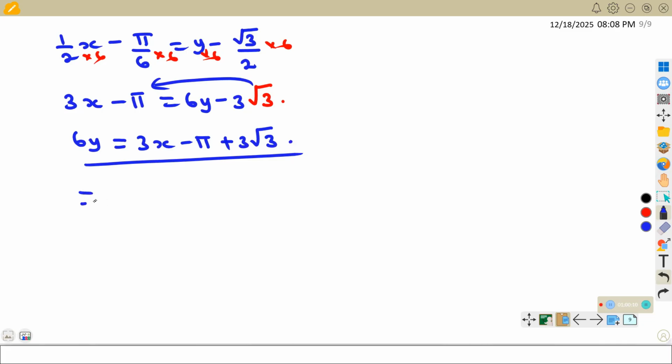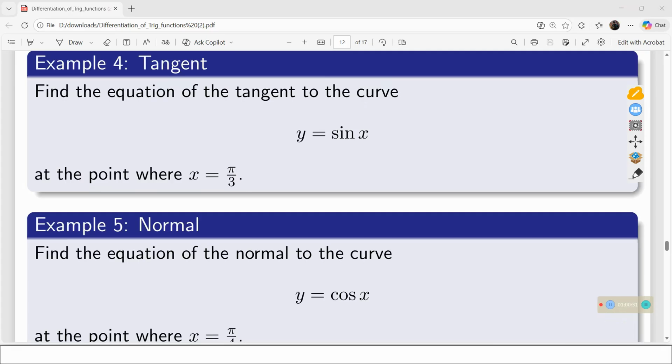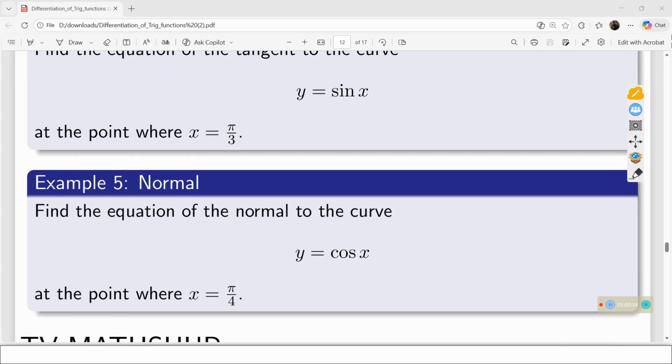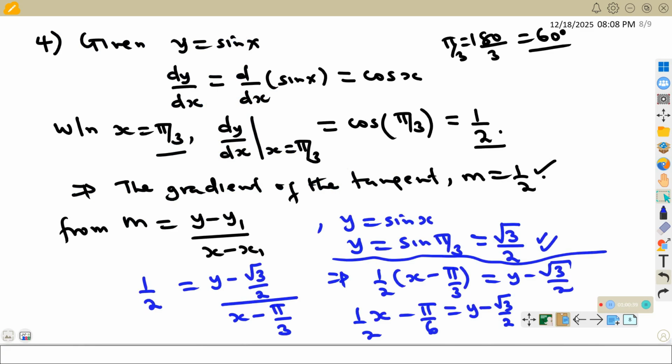If you want, you can go on and divide through by 6 again, so you can even have y as 1 over 6 into 3x minus pi plus 3 root 3. So that will be our answer, the equation of the tangent. In case you have a question, you can put it forward. If it is not there, then we shall look at the next question.